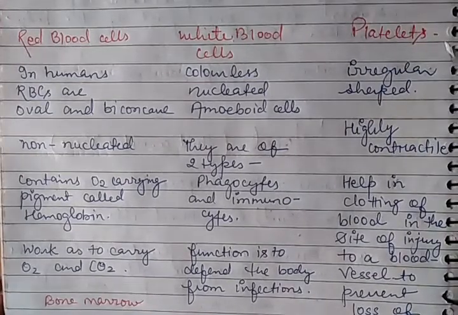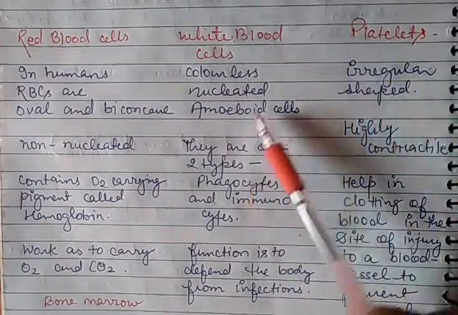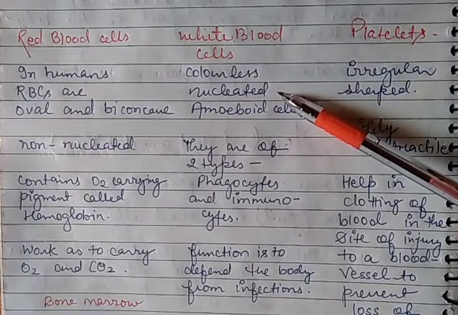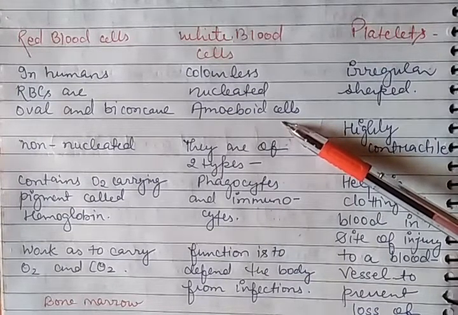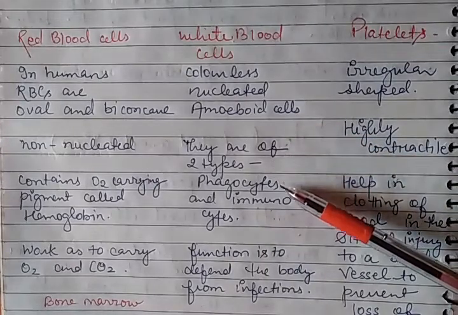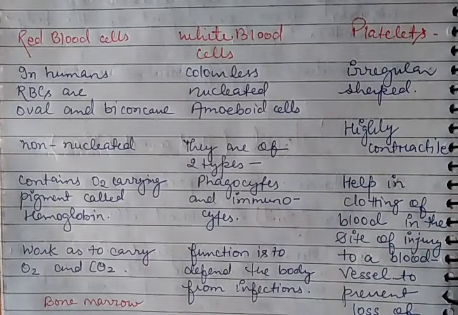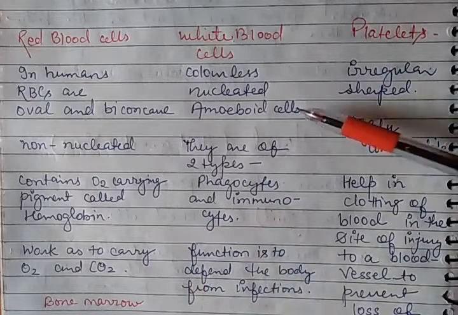So the next blood cell is called white blood cells, leukocytes. These are colorless, meaning they do not have any pigment. They are nucleated, they have a nucleus, and they are amoeboid cells, meaning they show movement like an amoeba. That's why they are called amoeboid cells. They are of two types, phagocytes and immunocytes, and their function is to defend the body from infections.